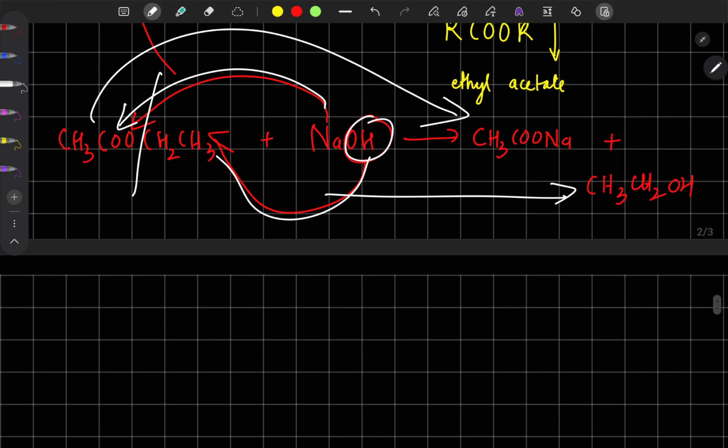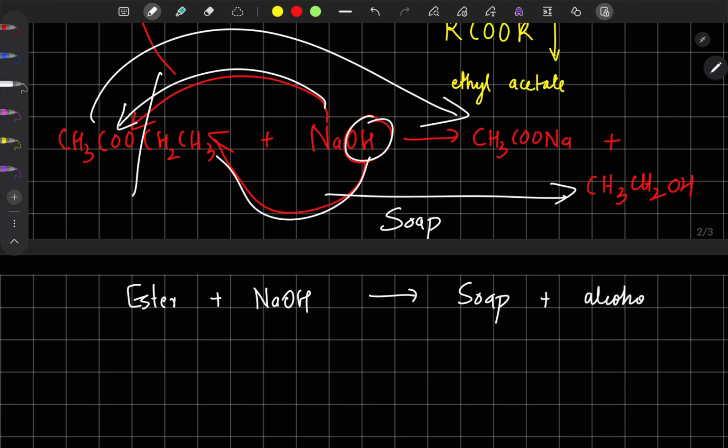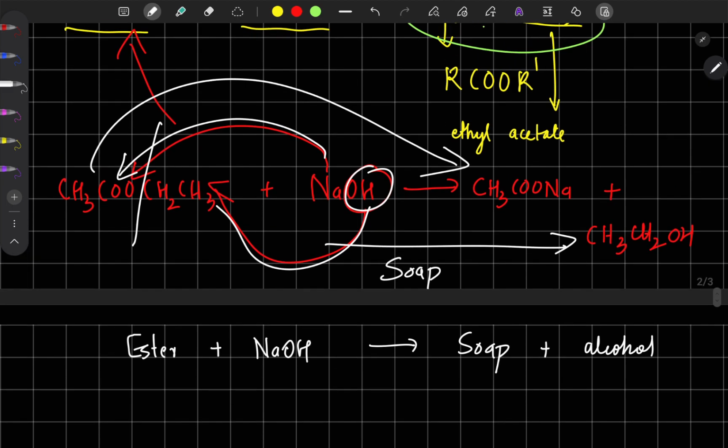This similar reaction is used in the preparation of soap. In soap, basically it is ester plus NaOH, which will give soap plus an alcohol. This is not a soap, but these types of similar reactions are used in the preparation of soap. This reaction is also called saponification reaction.